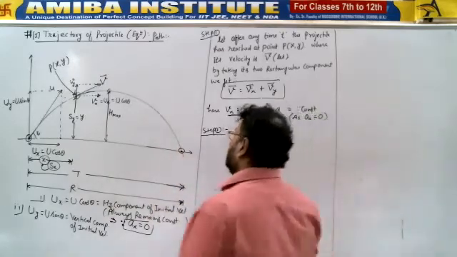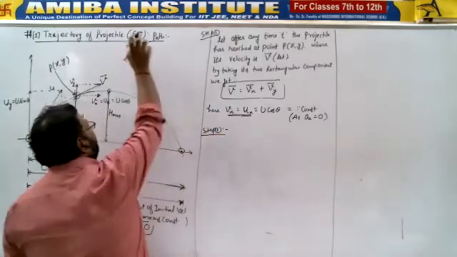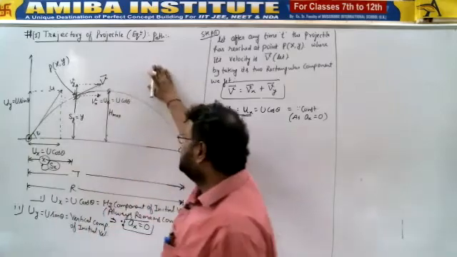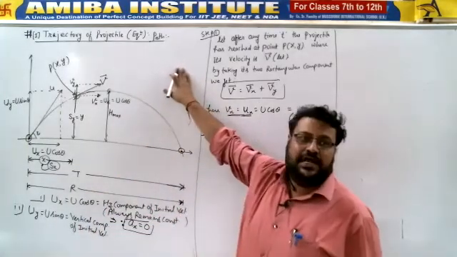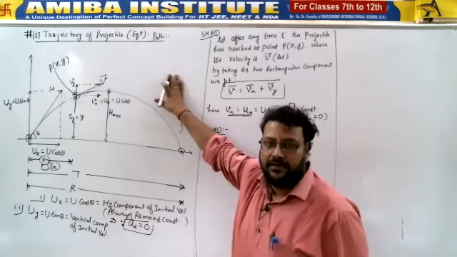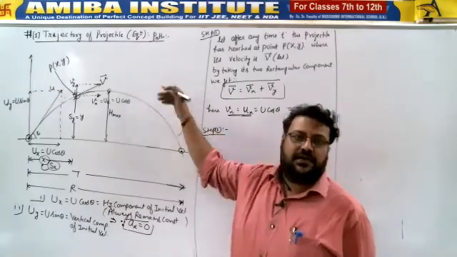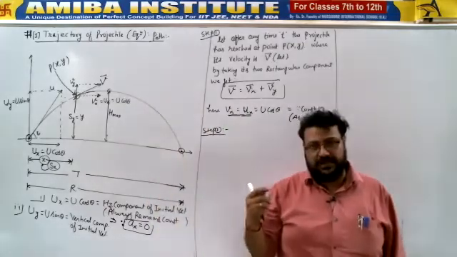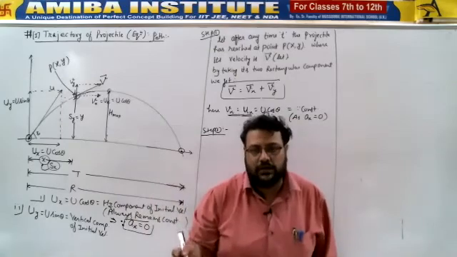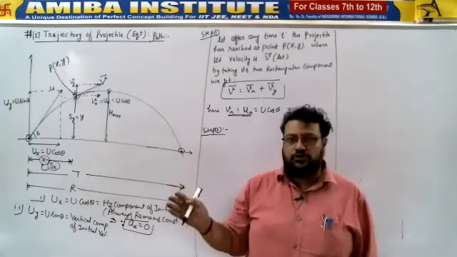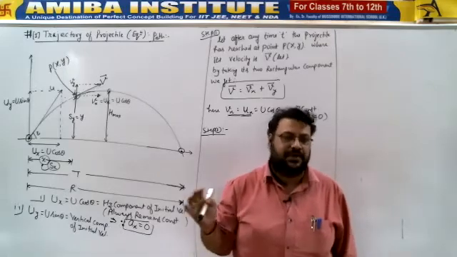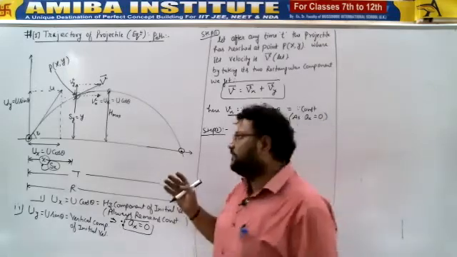So to obtain the trajectory of the projectile in terms of its equation, we need to always study such motions separately. Whenever there are two directions involved, always try to study each direction's motion separately, right? So let's start one by one.